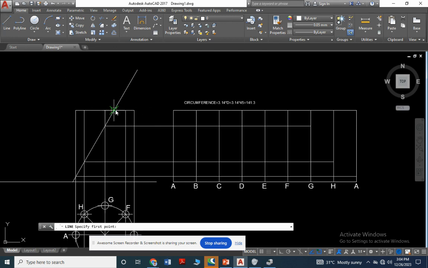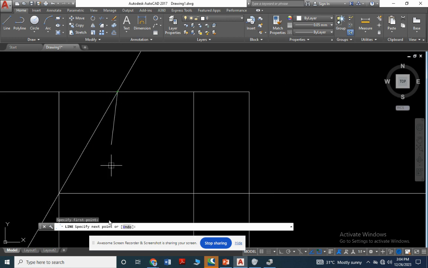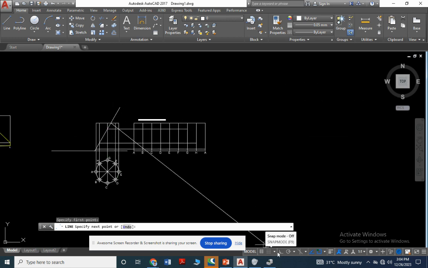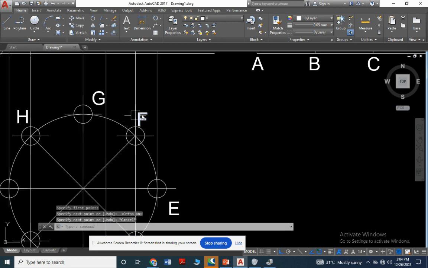So now I would like to draw the line from CG, from straight line, ortho mode on, to this side.